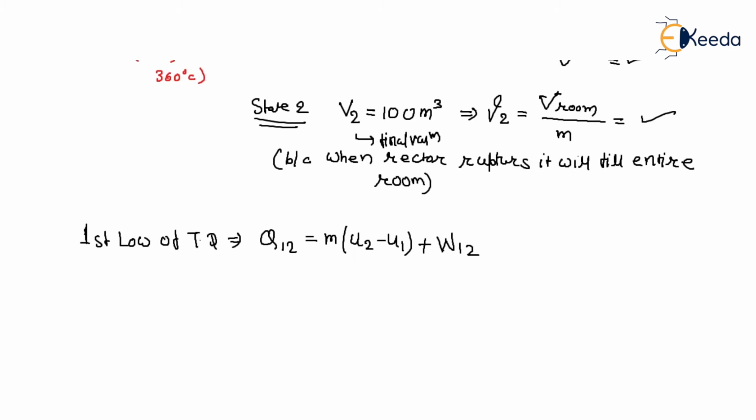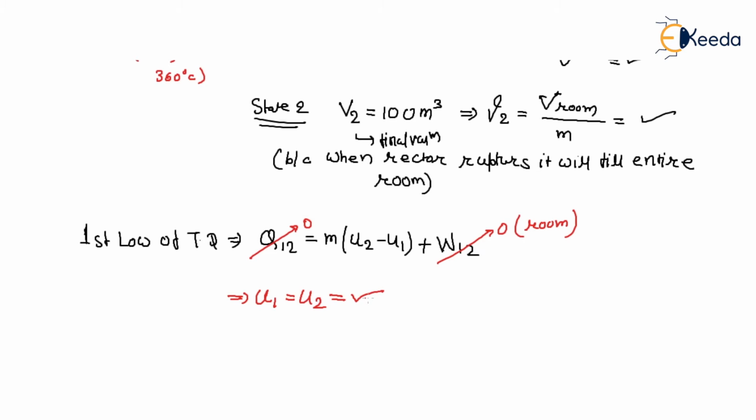See, it is insulated, so there is no heat transfer, and the room acts as a rigid wall. So what is the internal energy? That means u1 equals u2. So you have u2.